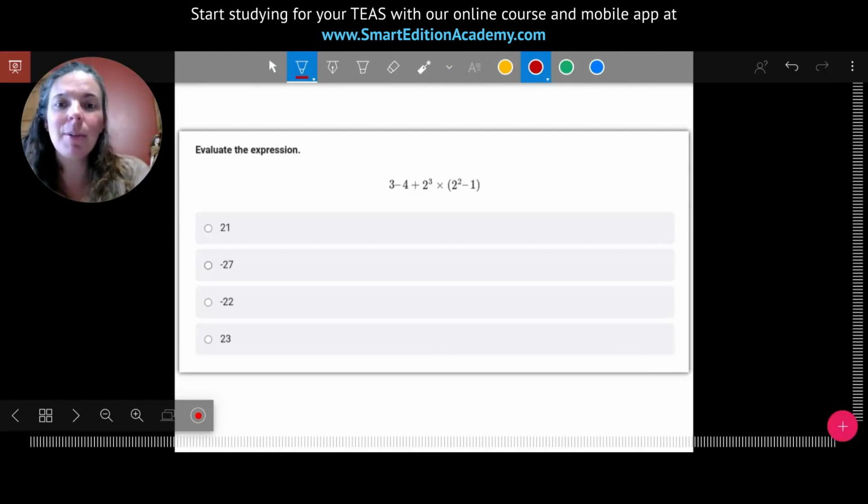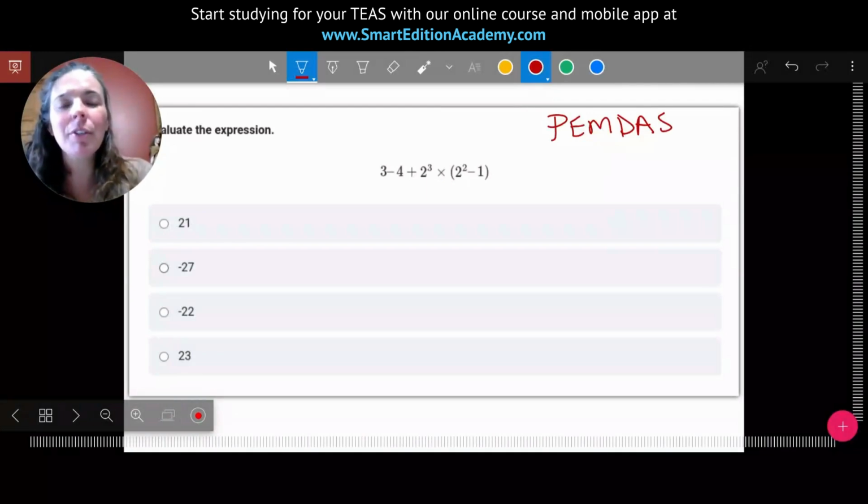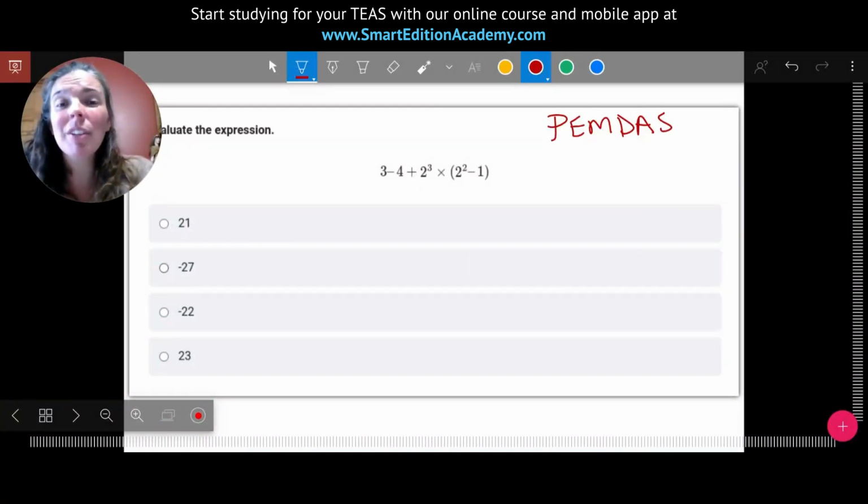Okay, so let me give you an order of operations question to try. Take a moment, and if you feel confident, go ahead and try to solve this one on your own. If you're not totally sure, maybe just drop in the chat. What do you think is the first step? What would be the first thing we would want to do if we're trying to solve this order of operations question?